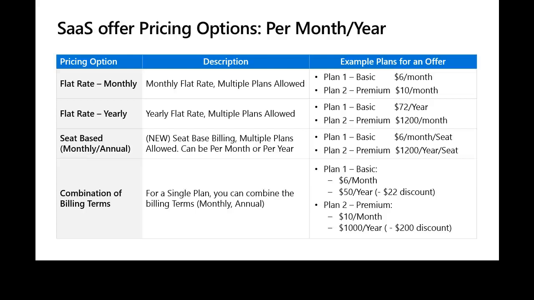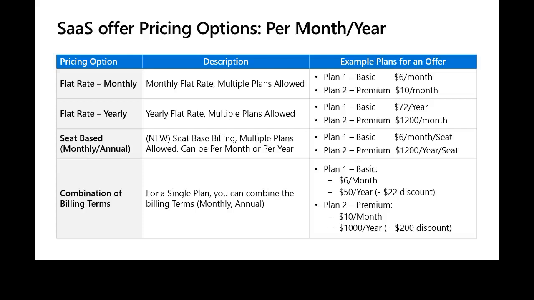And you can have the ability of combining offers. You can say, for example, I have a basic plan that is going to be $6 a month or $50 a year, or a plan number 2, a premium plan, which is like $10 a month or $1,000 a year. So it's up to the customer to choose.